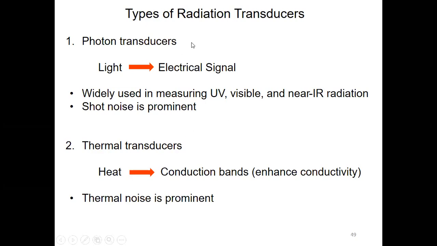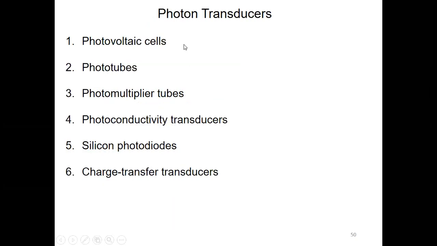Okay, then let's go to discuss about these transducers. Photon transducer, the first type, photon transducers. So listed here are some examples of photon transducers: photovoltaic cell, phototubes, photomultiplier tubes, photoconductivity transducers, silicon photodiodes, and charge transfer transducers.